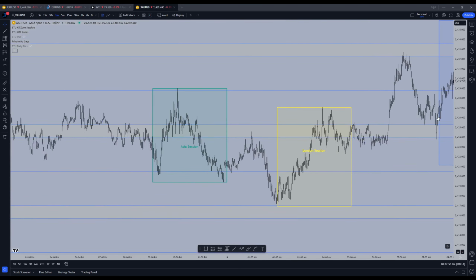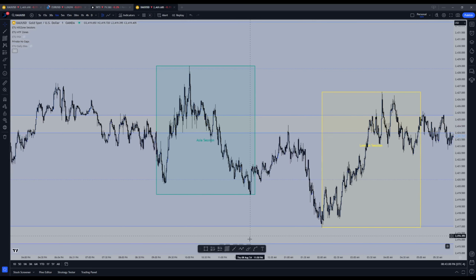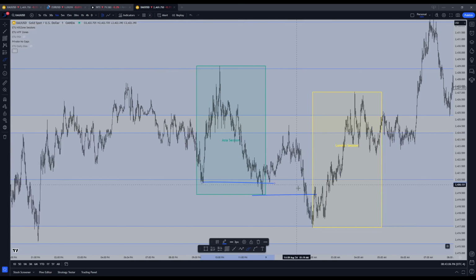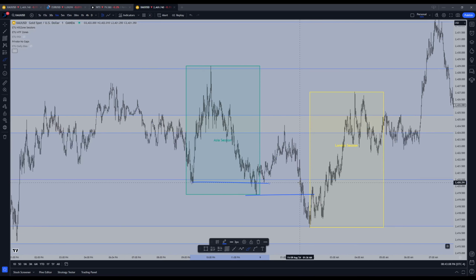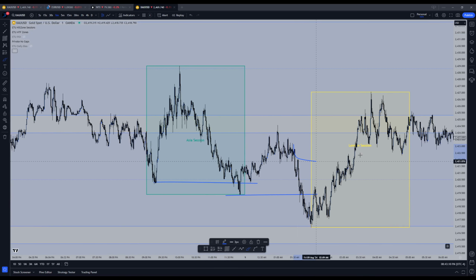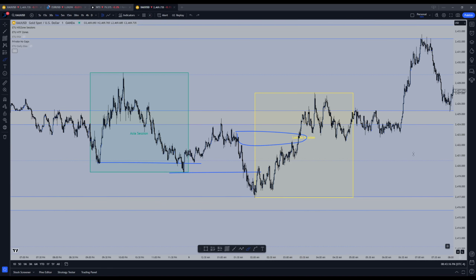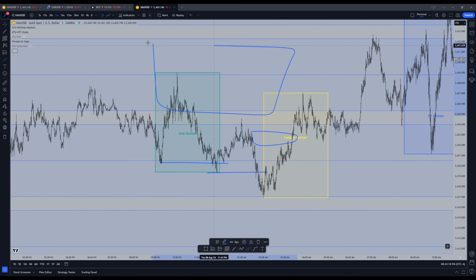As you can see, for example, this is where it could be used perfectly, because let's say you're not on the high time frame. Let's say you mark this as a break of structure and you are trying to short this. Well, you can see how we are in a discount zone here. So the trading range is this zone here and this zone here.